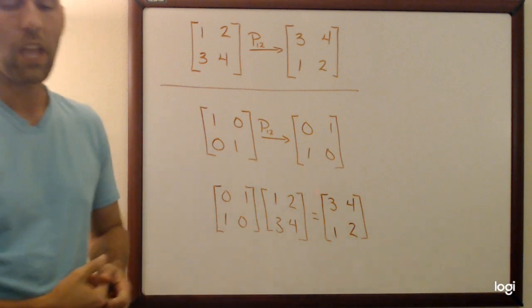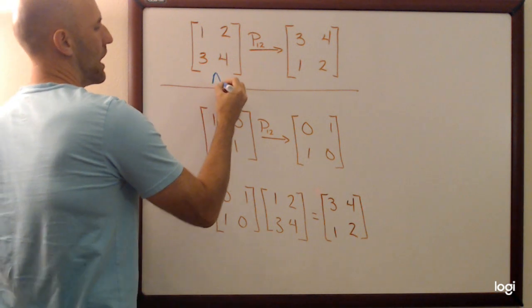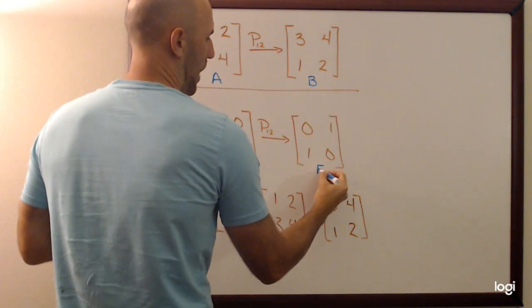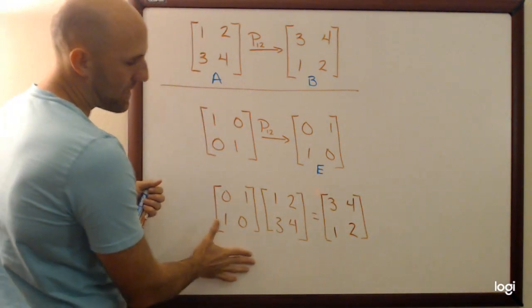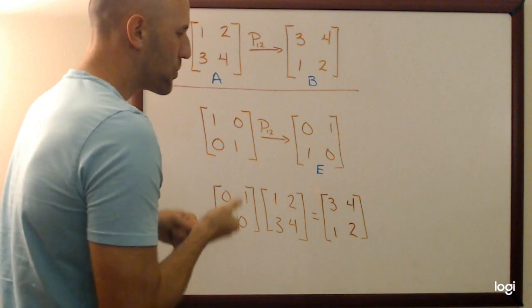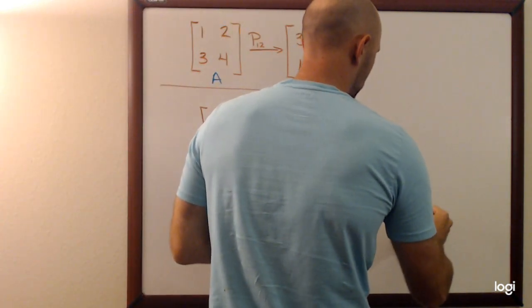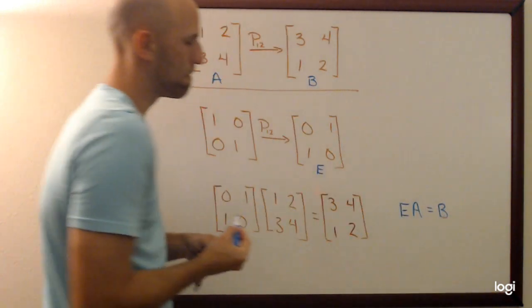If I label these matrices, let's call this one A, this one B, I'll call that one E, then what I have down here is an actual equation that reads E times A equals B.